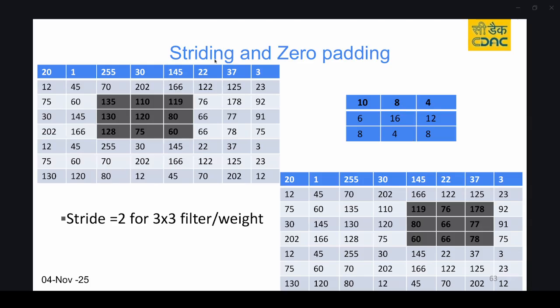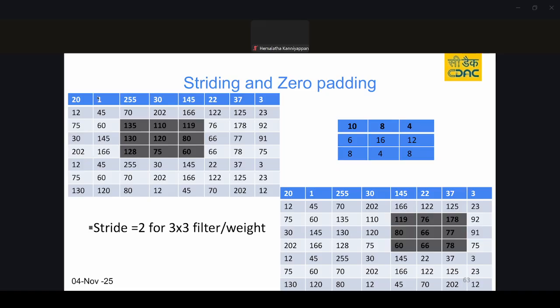There are two terms called striding and zero padding. Striding: here I have my input matrix, and it's not 3 cross 3 always. Now I have an 8x8 input matrix and a 3x3 weight matrix, and I can perform the convolution on the first 3x3, then this 3x3, then this 3x3; that is called stride 1.